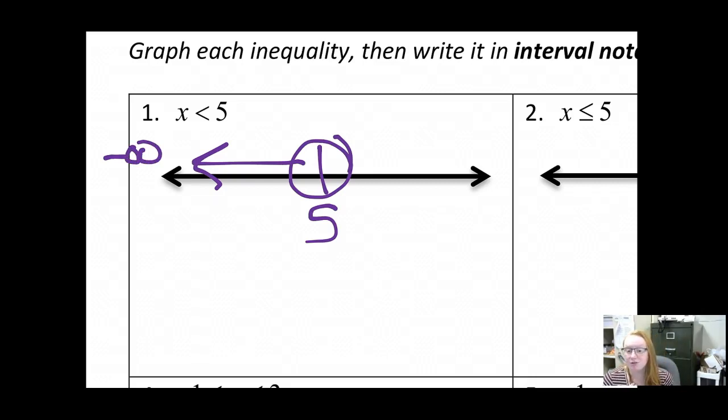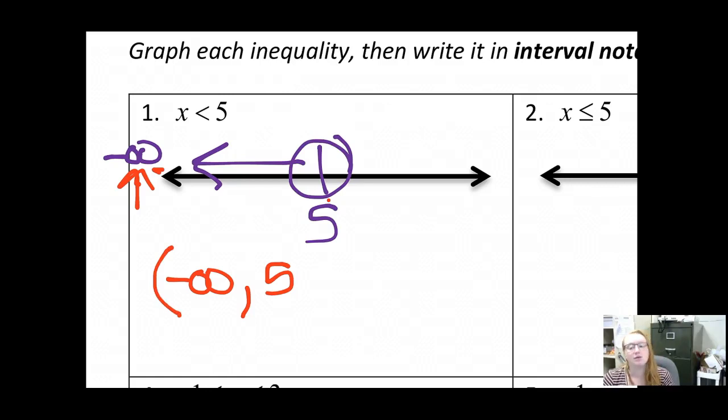We read from left to right. So when I look at this graph, the first thing you should see is that negative infinity. So I'm going to write my negative infinity first. Then when my graph stops, I'm at 5. So I'm going to put my 5 second.